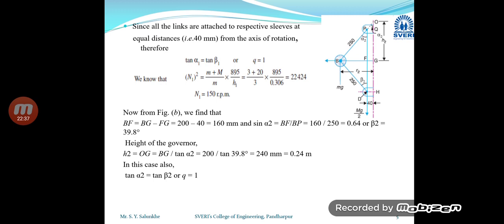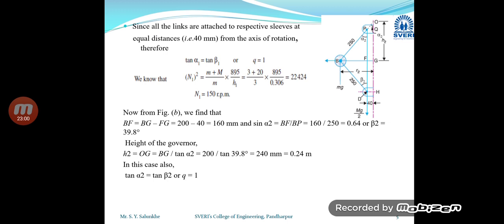Hence what we are going to calculate: tan alpha 1 is equal to tan beta 1, hence the Q value will be 1, and we are going to get the formula for n1 square is equal to (small m plus capital M) divided by small m, multiplied by 895 divided by H1.